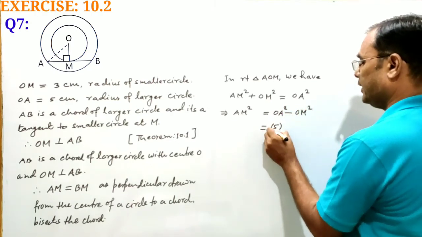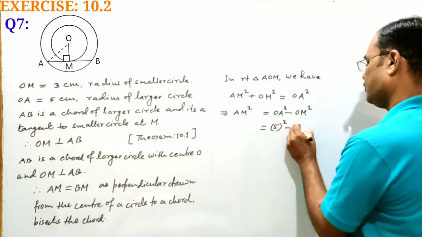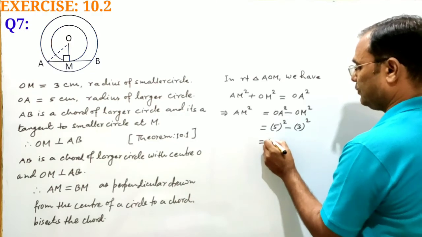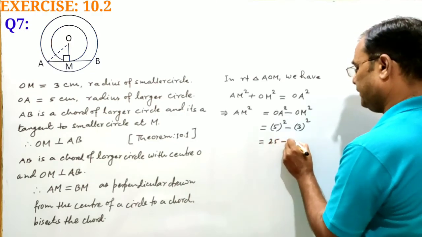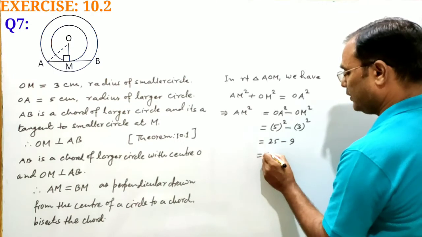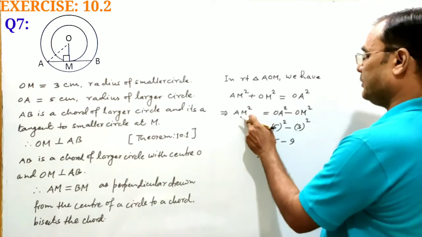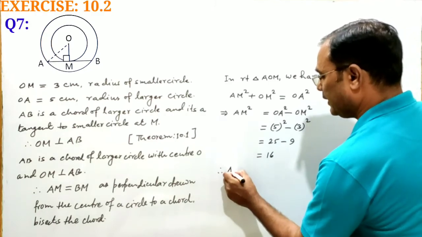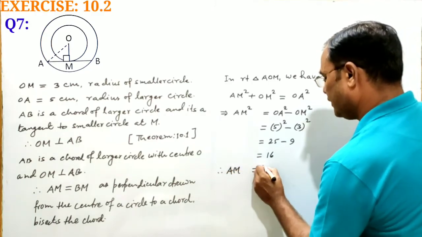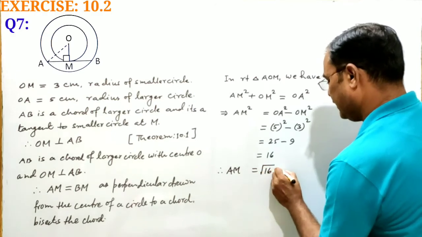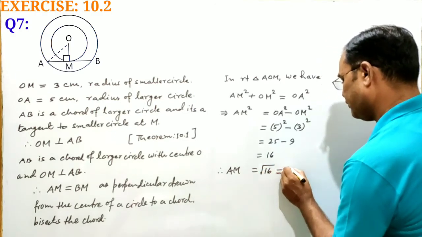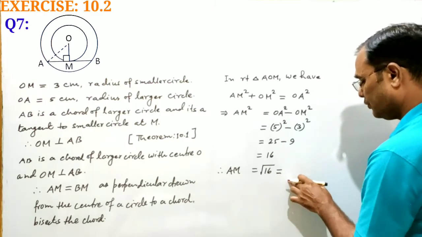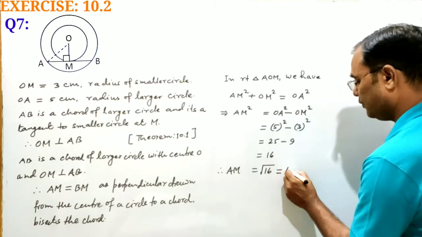So 5 square minus 3 square, 25 minus 9 equal to 16. So AM square is equal to 16. Therefore AM is equal to under root 16, which is a perfect square, so square root is 4. So AM is equal to 4.